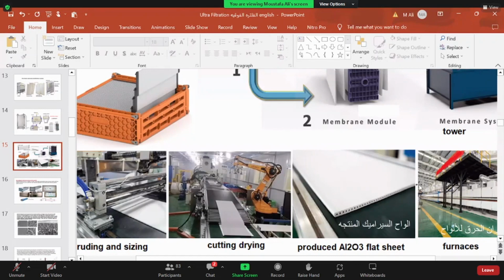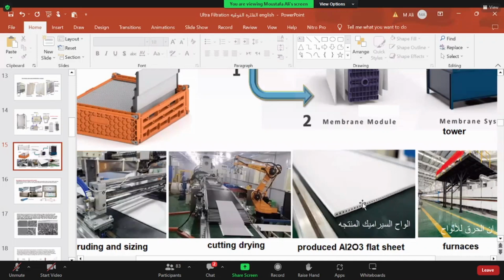The produced flat sheet moves slowly on the production conveyor, to preserve it in the same form without any deformation in its shape. After that, it passes through a dryer to dry it.